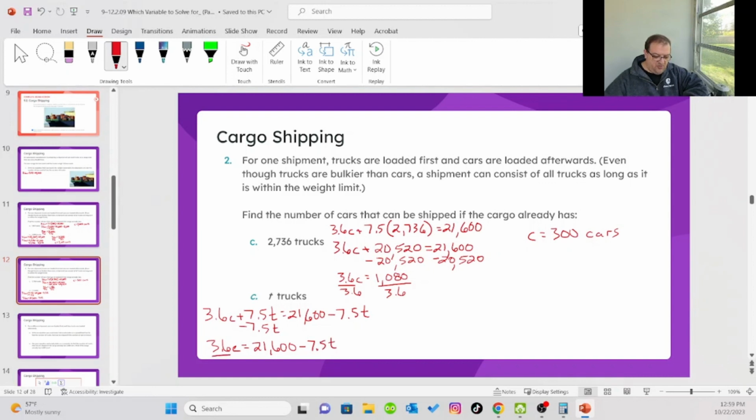And then I'm going to divide both sides by 3.6. And my final equation ends up being the number of cars equals 21,600 tons minus 7.5 tons per truck divided by the 3.6 tons per car. And that would get me an equation that solves directly for the number of cars.